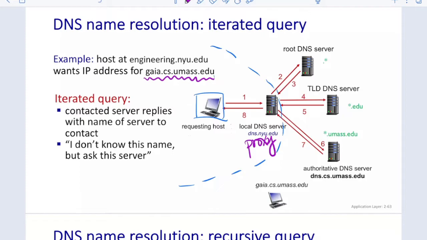Think about one thing. If you want to go to, for example, google.com, every time you launch your browser and type google.com, your operating system needs to figure out what the IP of google.com is, right? So it has to send certain messages to the DNS servers to retrieve the IP address of google.com.